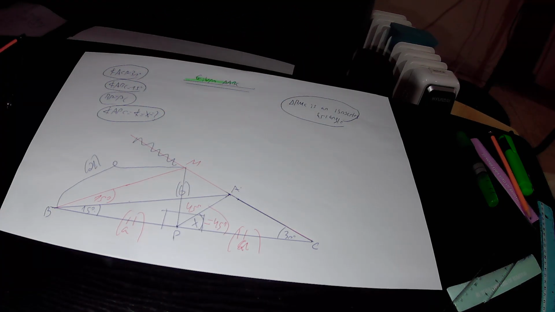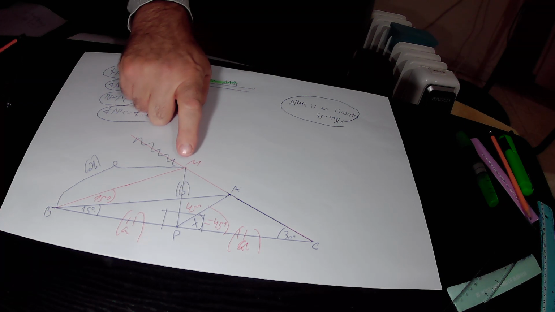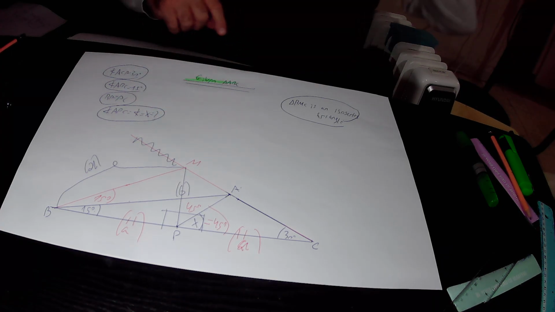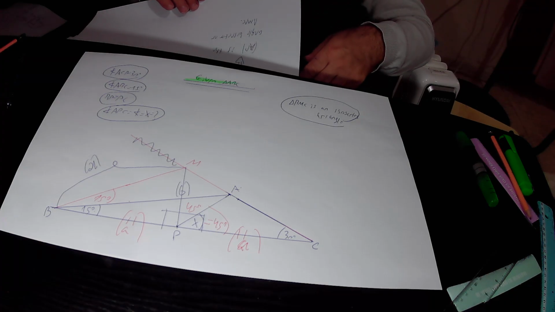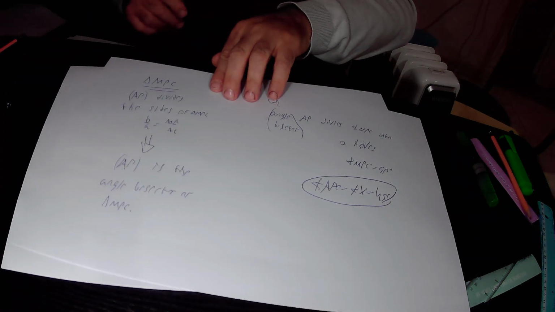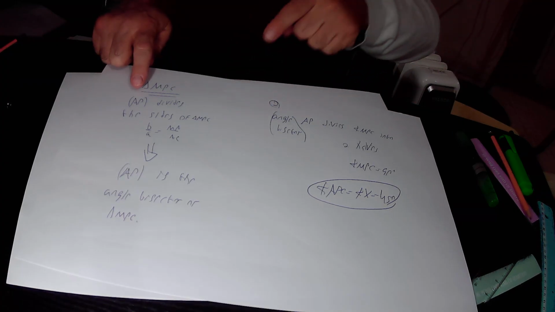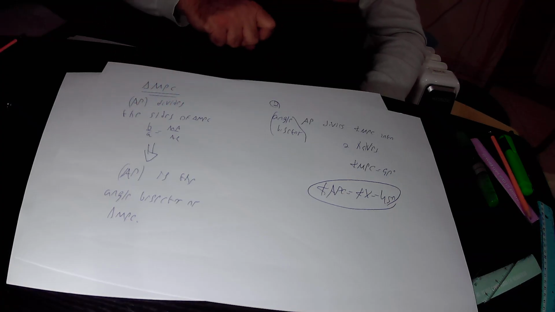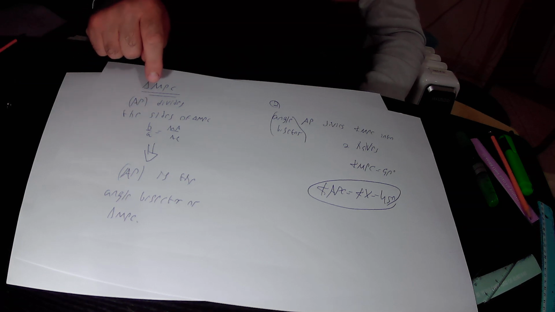Because line segment AP divides the sides of right triangle MPC proportionally, it means that AP must be the angle bisector of triangle MPC.